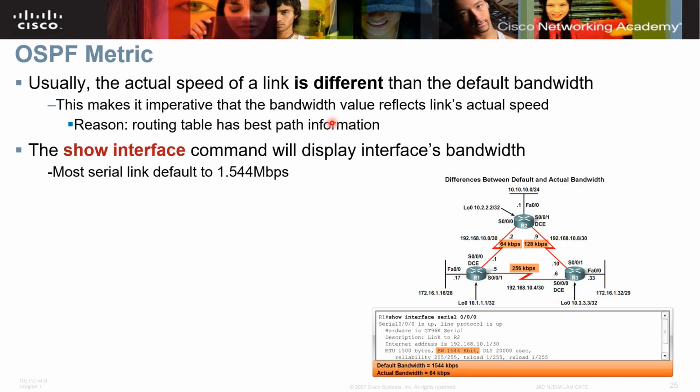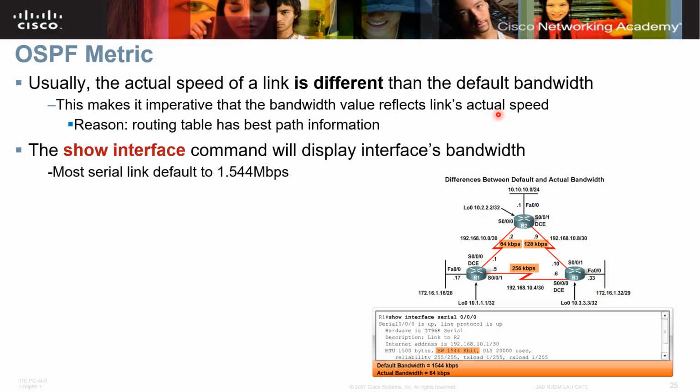So if the bandwidth doesn't reflect the actual speed of the link, this algorithm will not select the best path, because it selects the best path as a function of the bandwidth only. For this protocol to run well, the bandwidth of the link should reflect the actual speed of the link. If the bandwidth is high, the speed should be high. If the bandwidth is low, the speed should be low.